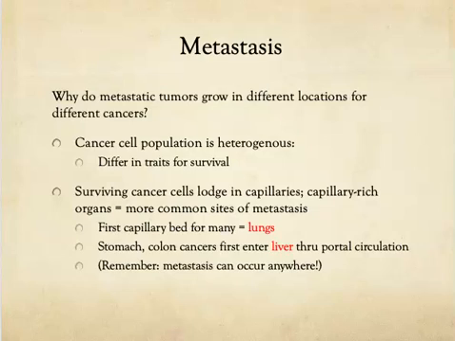And the reason for that is because of the anatomical nature of the circulatory system. Remember, I said that if a cancer cell can survive in the bloodstream, at some point it's going to lodge, it's going to get stuck, and that will be the signal for it to climb back out of the bloodstream.